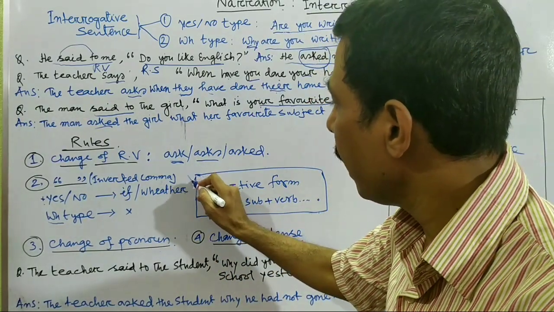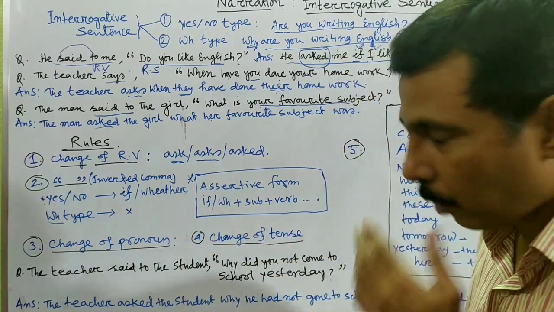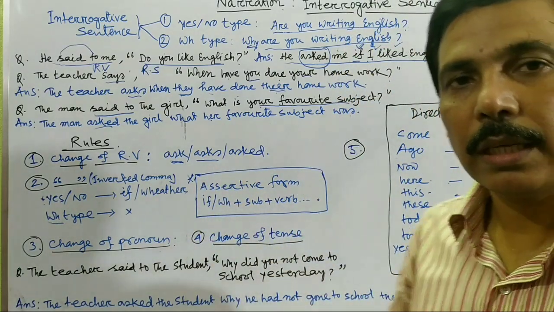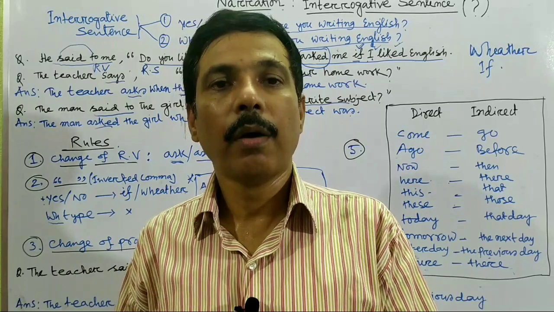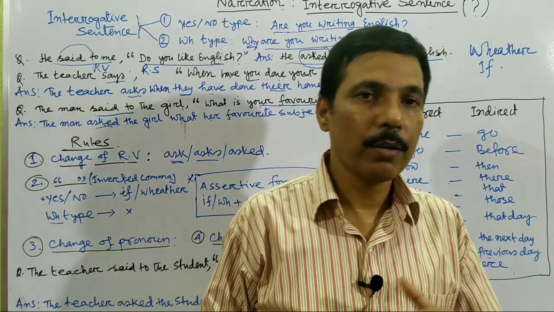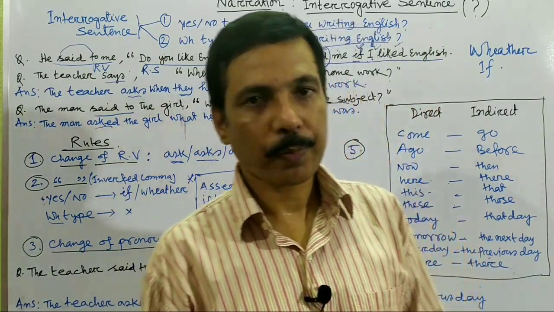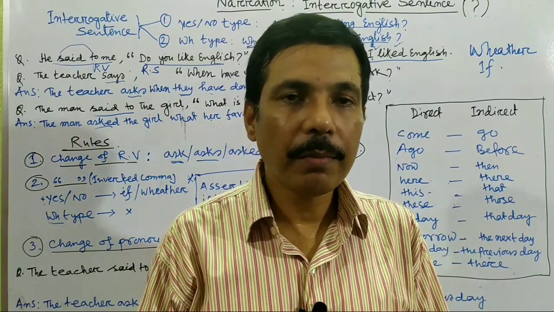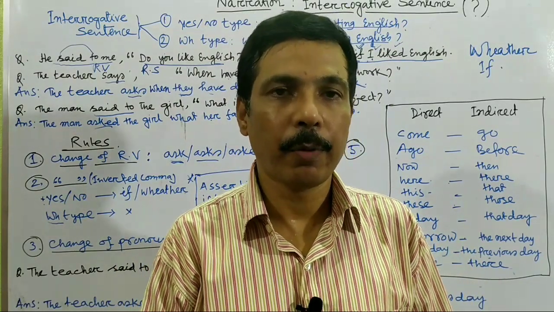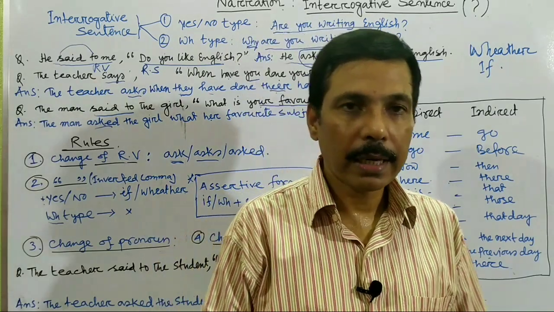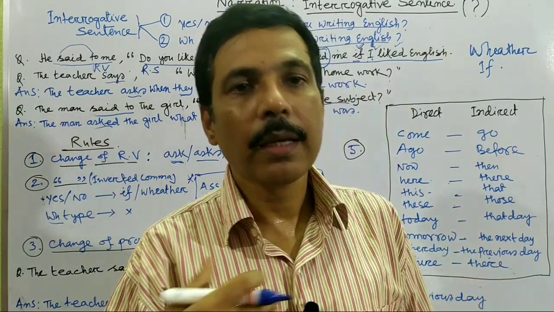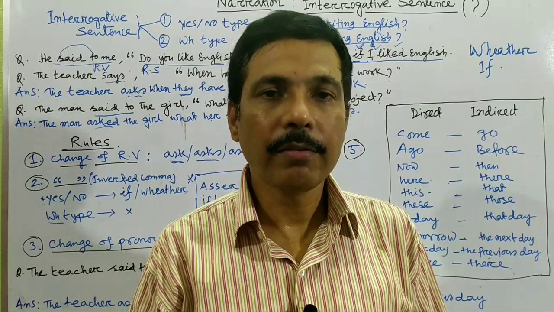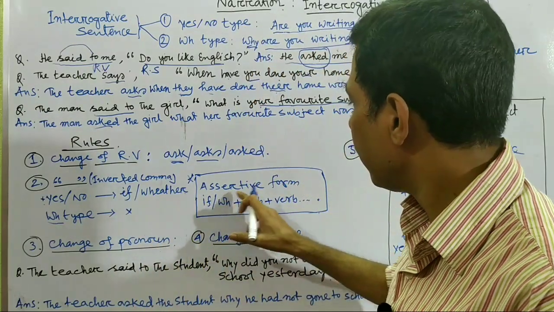Then comes the main point. It is not only in respect of interrogative sentences, but in all types of sentences. When direct speech is turned into indirect speech, the formation must follow the assertive form. What is the assertive form? Assertive form means the subject comes first, then the verb.